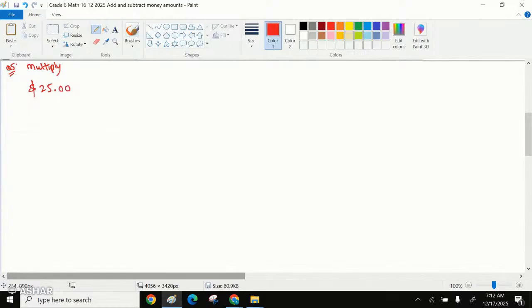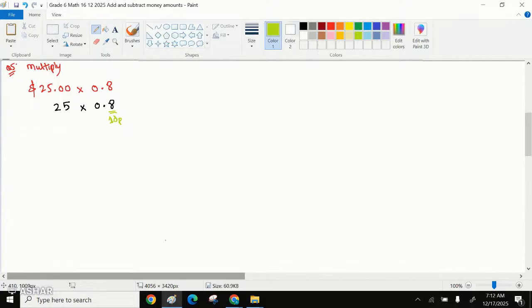Because we can have cents as well, into 0.8. Since there are no cents in this, we can say this is 25 multiplied by 0.8. We count the number of decimal places. We only have 1 decimal place, right? We have a single position of decimal place.